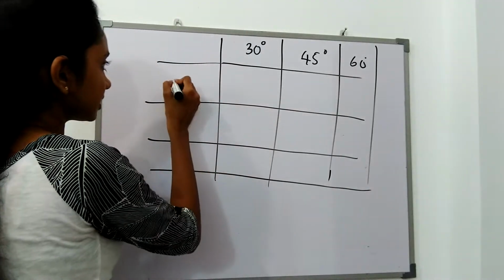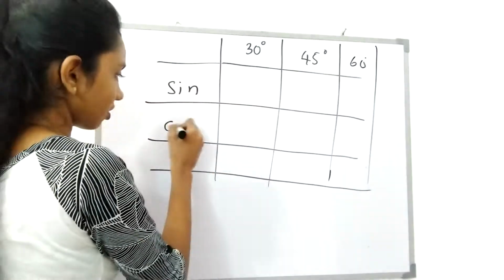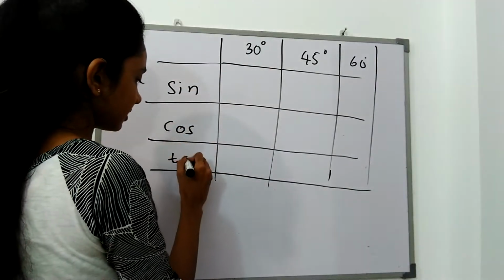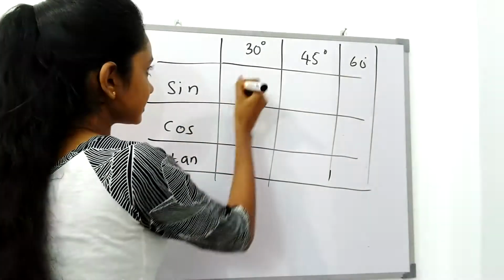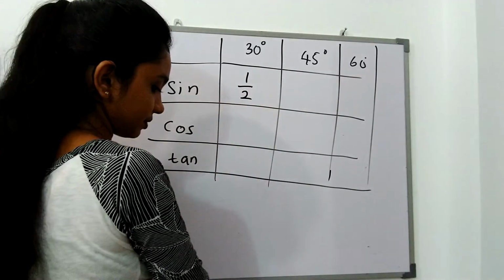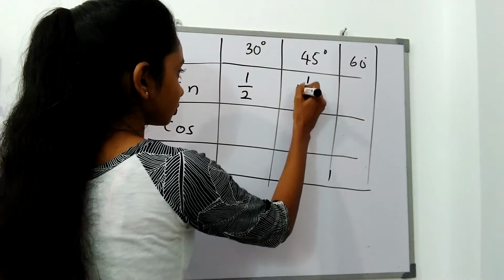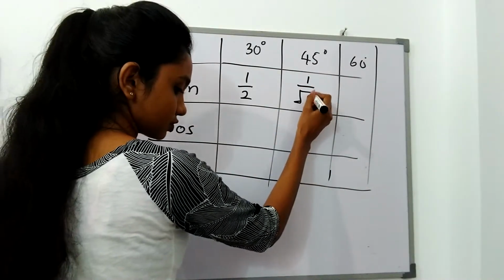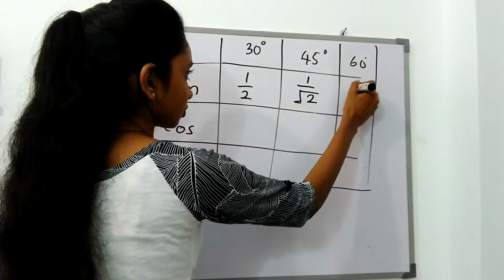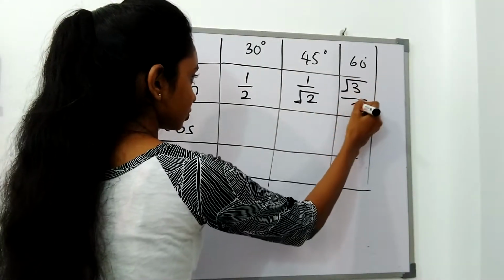Sine, cos, tan. Sine 30 is equal to half. Sine 45 is 1 over root 2. Sine 60 is root 3 over 2.